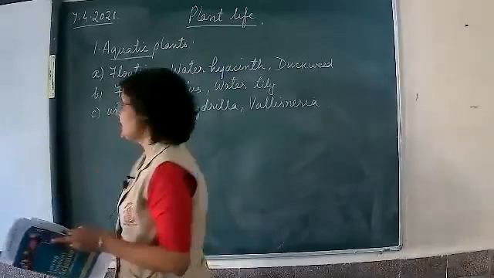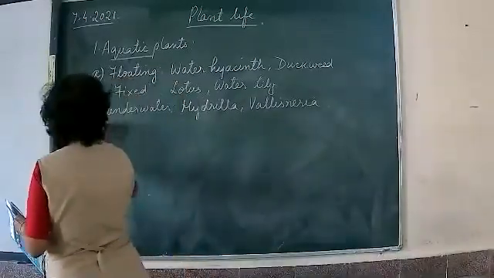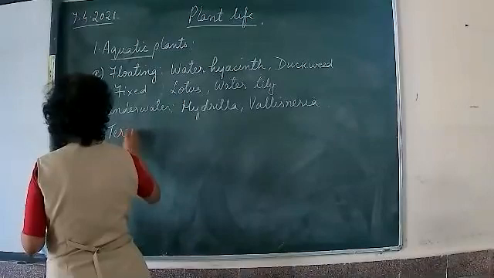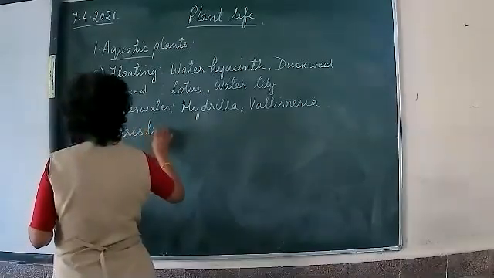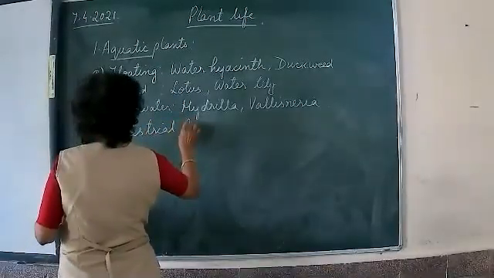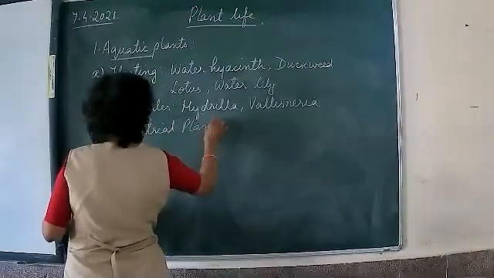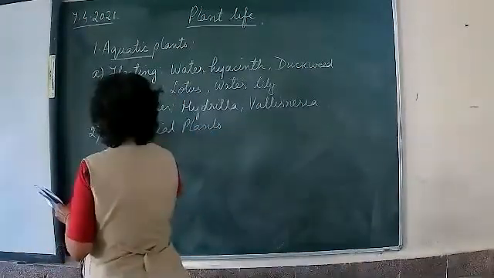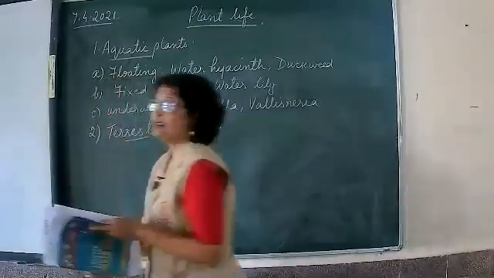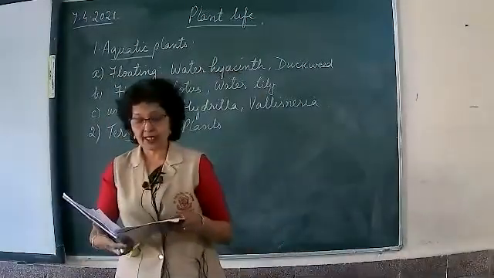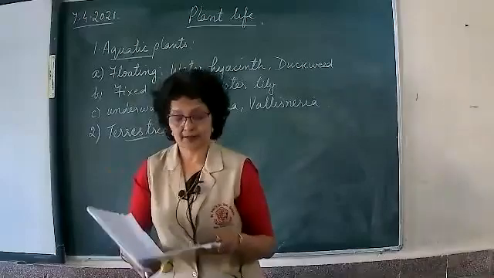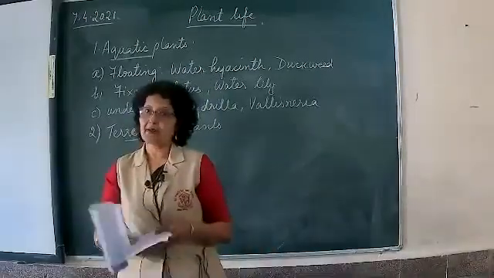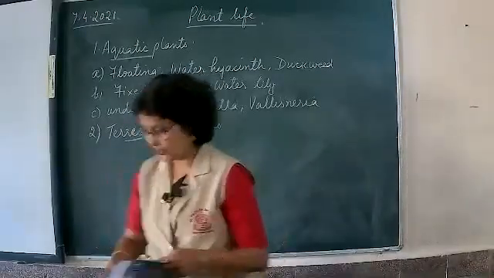Next is terrestrial plants. Terrestrial means land. Terrestrial means plants which grow on land. Now again we can divide plants which grow on land.